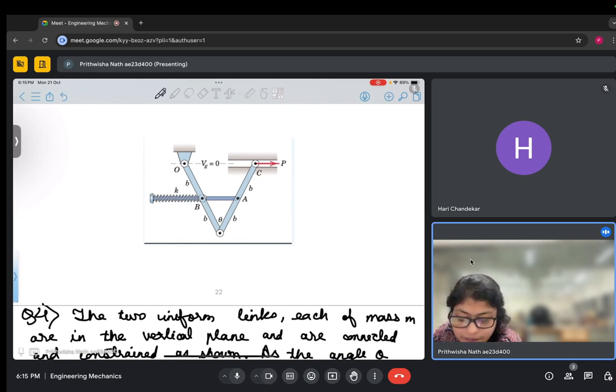And it is also mentioned that as the angle theta between the links increases with the application of P, the light rod which is connected at A and passes through a pivoted collar at B compresses the spring of stiffness K. So as the angle theta increases, the spring is compressed.